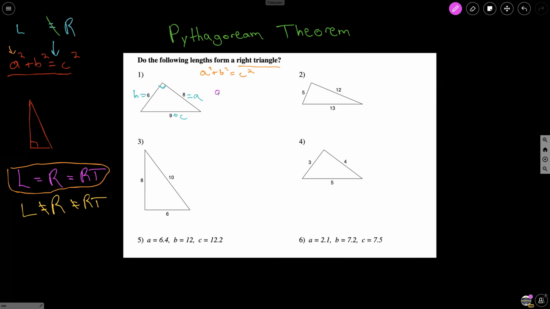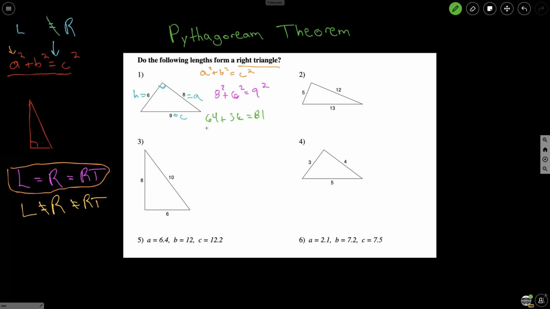And so we're going to go ahead and finish solving the problem, and we just plug it in. So we got 8 squared plus 6 squared equals 9 squared. And if this is a right triangle, then left and right side should be equal to each other. So we got 8 times 8, that's 64, plus 6 times 6, which is 36, equals 9 times 9, which is 81.